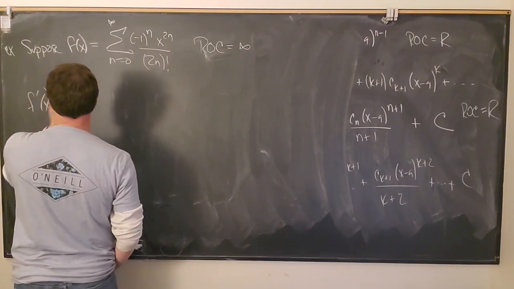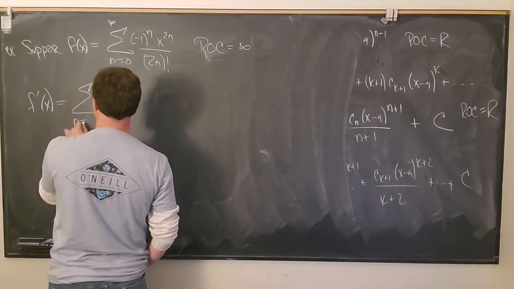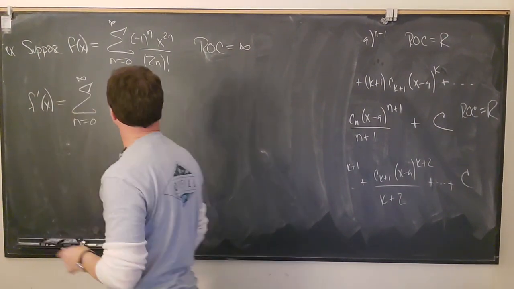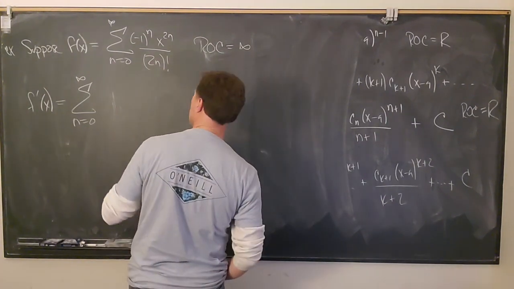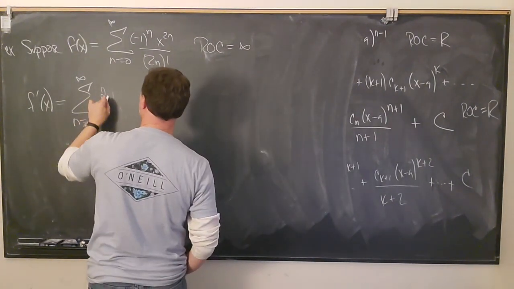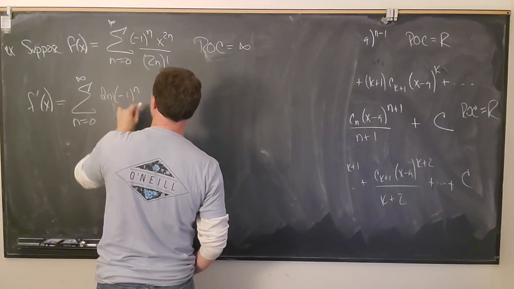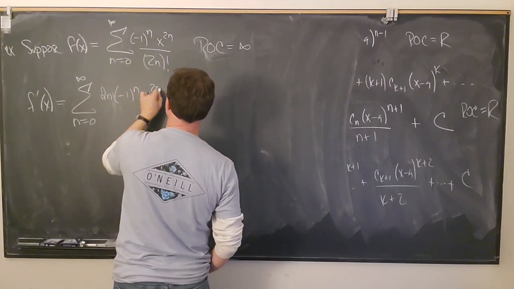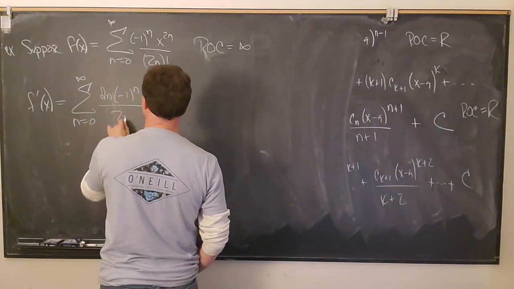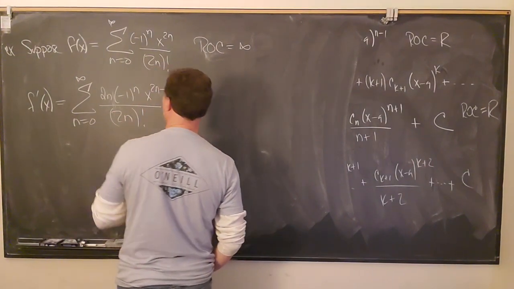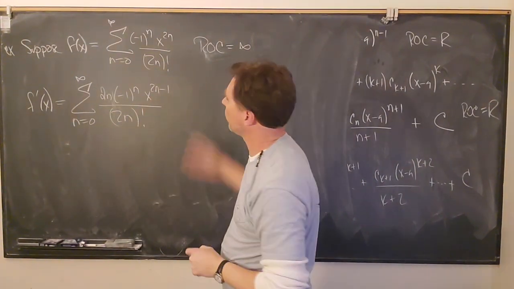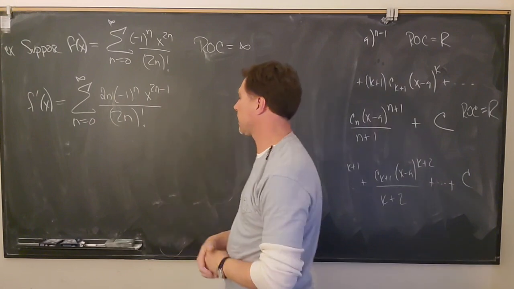So f prime of x is going to be the sum from n equals 0 to infinity. And let's see now, I bring the 2n out front, (minus 1) to the n, x to the 2n minus 1, divided by 2n factorial. Bring the exponent out front, subtract 1 from the exponent.